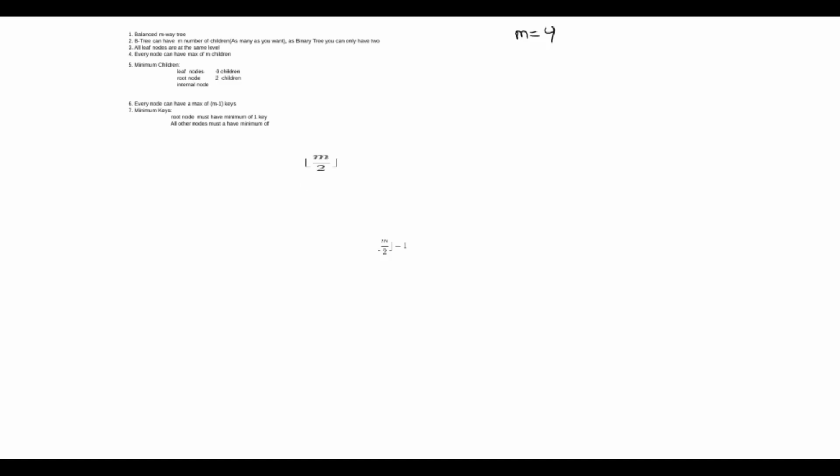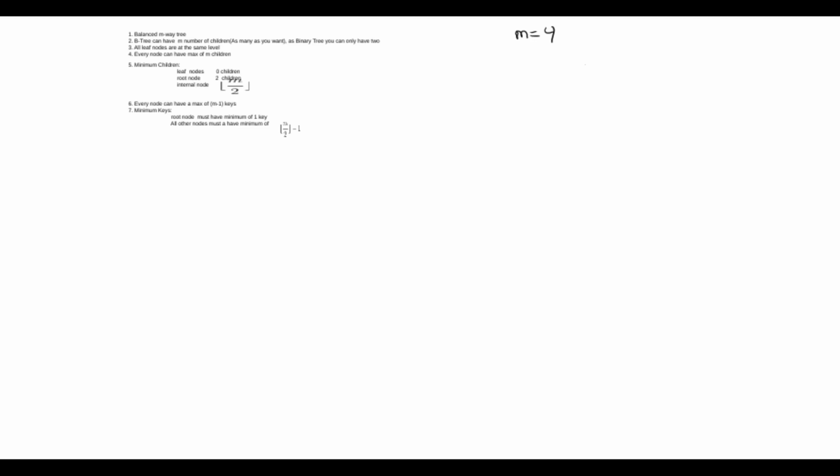Let's move these here. Okay, so we have M of 4. So what's the maximum number of keys we can have if M is 4?